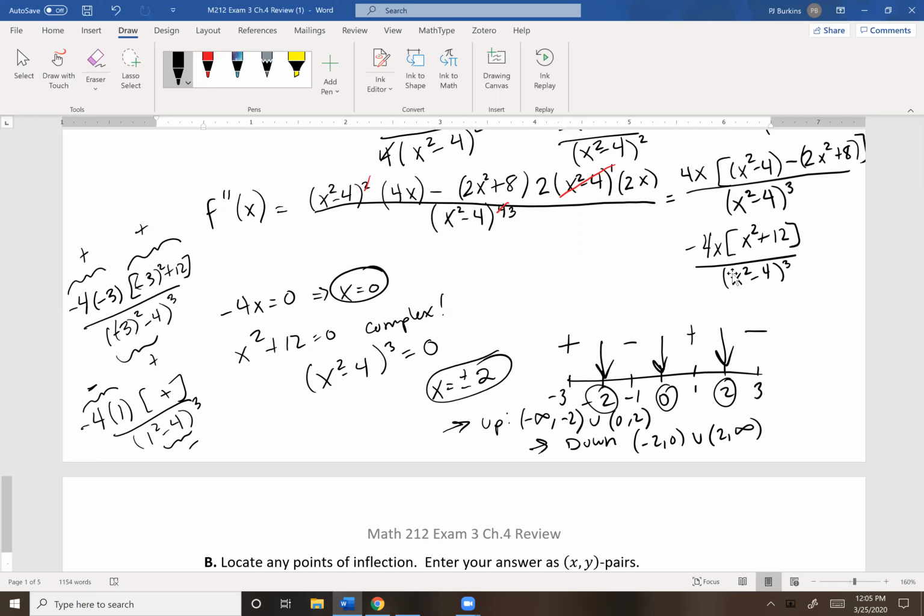Because what I see a lot of times, people go, oh, it runs from negative 3 to, I don't know, negative 1 or something. By accident, they'll use their test points. So be cautious of that. That's that answer.